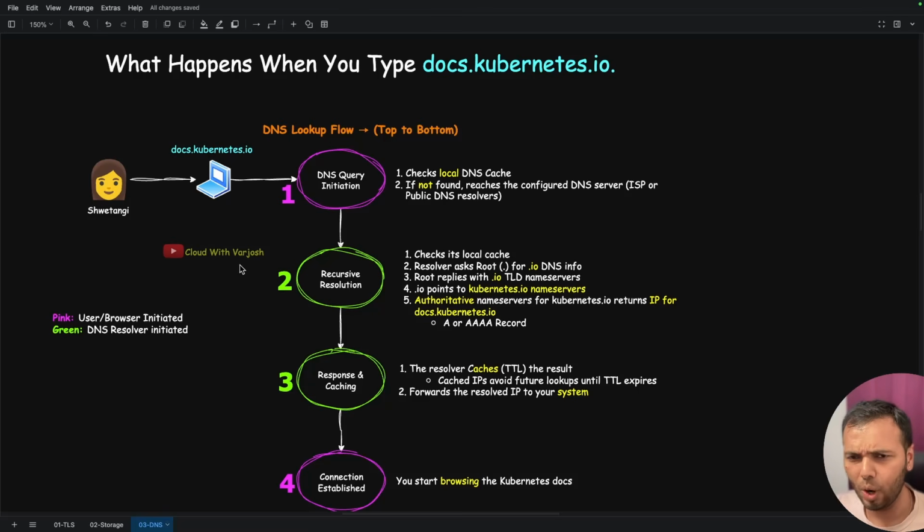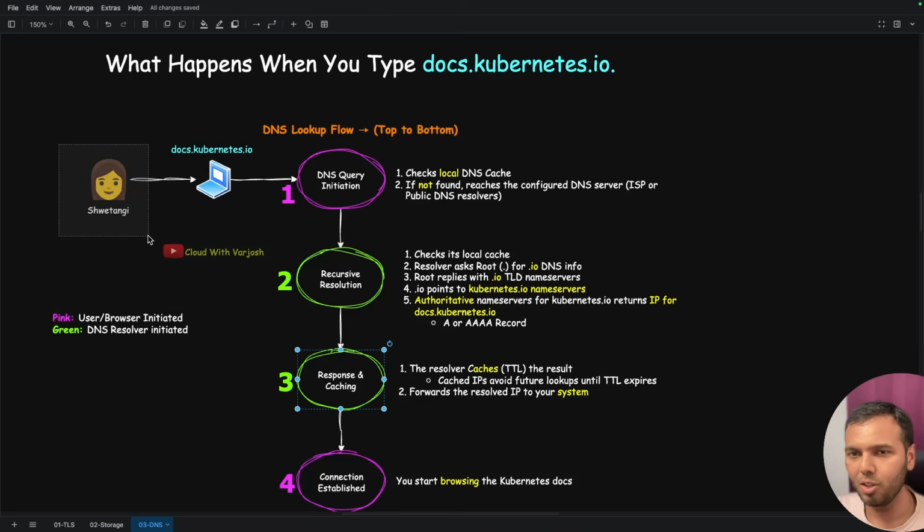So let's first see what is going on in this diagram. So we have pink circles and then we have green circles. Pink is something that is user or browser initiated. Green is something that is initiated by the DNS resolver. What is DNS resolver? Don't worry about that at this point of time.